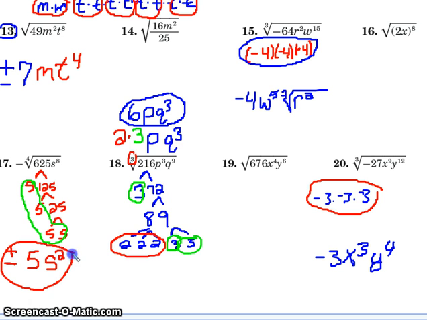I have 2 s's that I could take out. Well, up here, if we have the square root, if you remember, we were saying 8 divided by 4 in order to take the fourth root. Here we're going to say 8 divided by 2 in order to take the square root. And so that is going to leave me with 2x to the fourth.